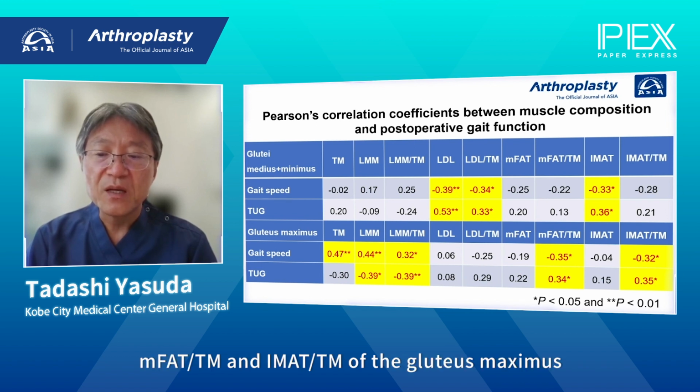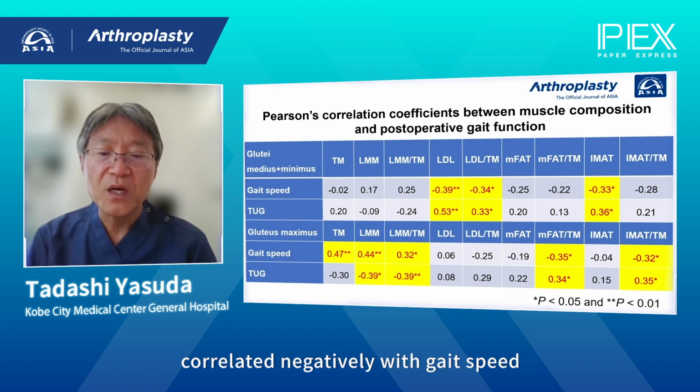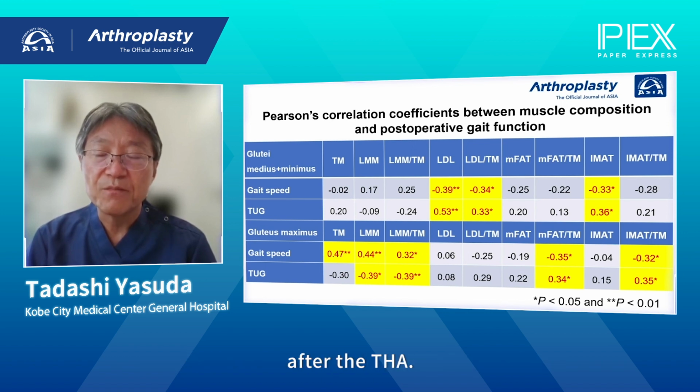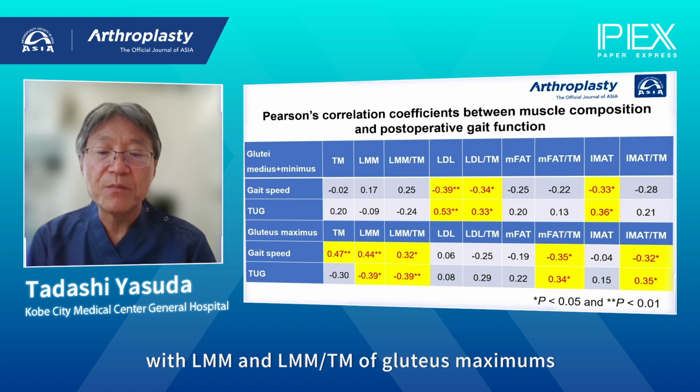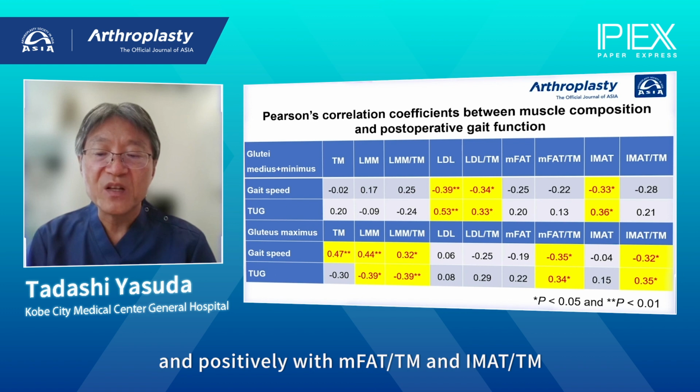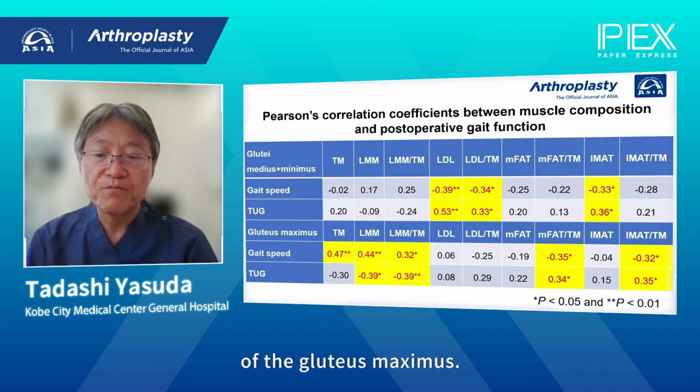MFAT per TM and IMAT per TM of the gluteus maximus correlated negatively with gait speed after THA. Postoperative TUG correlated negatively with LMM and LMM per TM of the gluteus maximus and positively with MFAT per TM and IMAT per TM of the gluteus maximus.